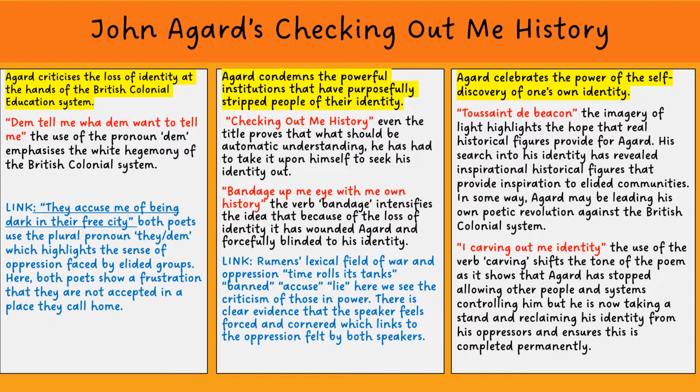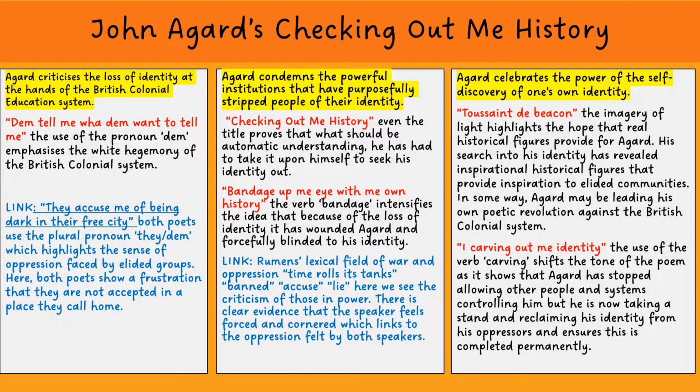And obviously you've got that key quotation, which is "to sing to beacon", okay? And we've got clear imagery of light, and that highlights the hope that real historical figures provide for Agard, and that hope is only possible because he's been able to access that research by himself, okay? And without that hope, it wouldn't exist.